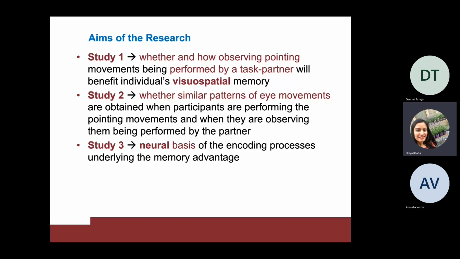The second study was based on eye tracking, because we wanted to move one step beyond and investigate why we are having this effect, what the mechanisms are. In the third study, we wanted to investigate the neural, or rather electrophysiological, basis of it. We conducted an EEG study to see the electrophysiological basis of this memory advantage.